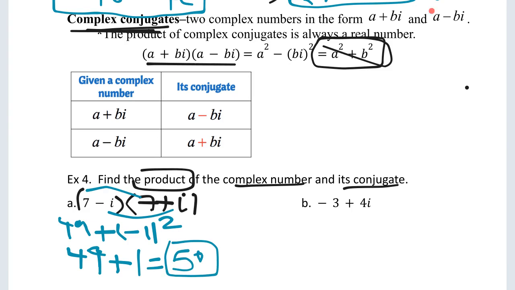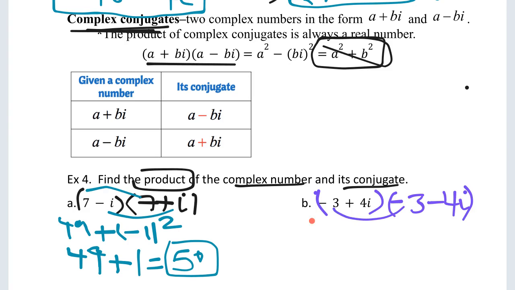And part B, remember, is the opposite of the negative 3 minus 4i.